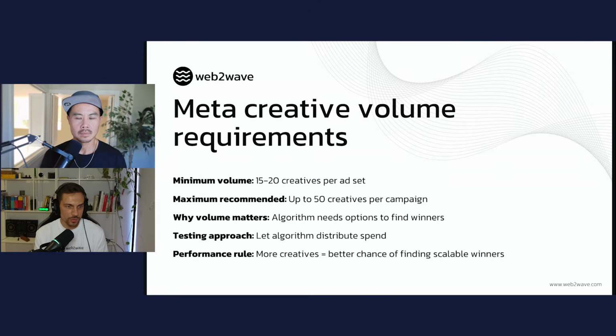And for every hook or idea, create 1, 2, 3 different formats. It can be video, it can be static. So by that, you will have around 15, 20, sometimes 25, maybe 30 different creatives that serve different needs for different target audiences.